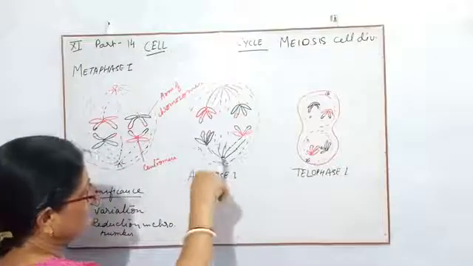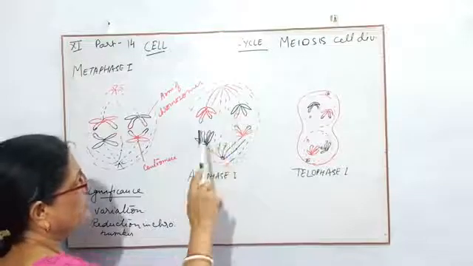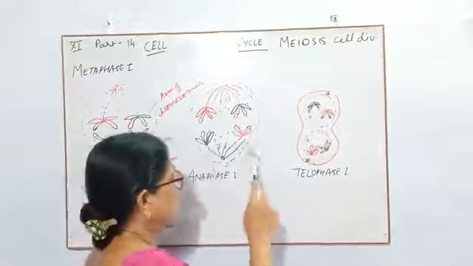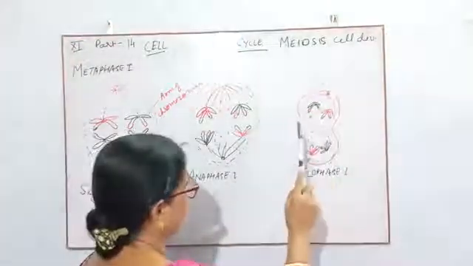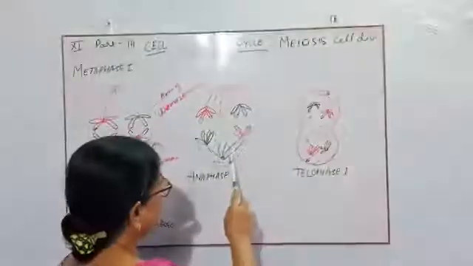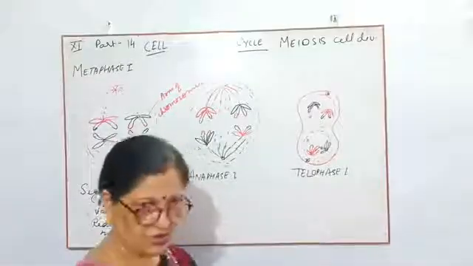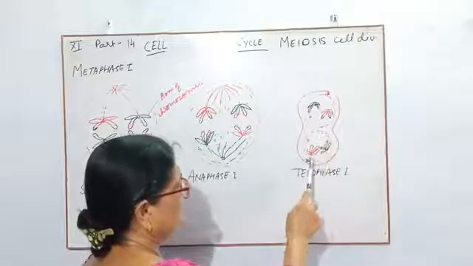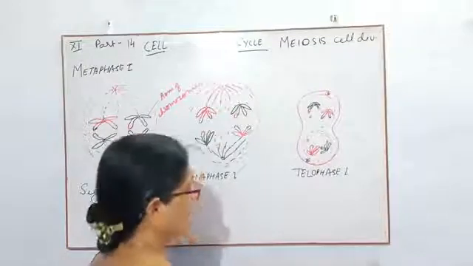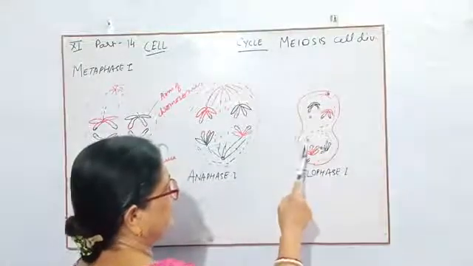They come closer to the centromere, and in between there is a gap. After that, when the formation of the nuclear membrane starts, the astral rays through which the centromeres were attached become short. The astral rays are limited towards the centrosome, and the chromosomes remain in the nucleus, and there will be reformation of the nuclear membrane and nucleolus.